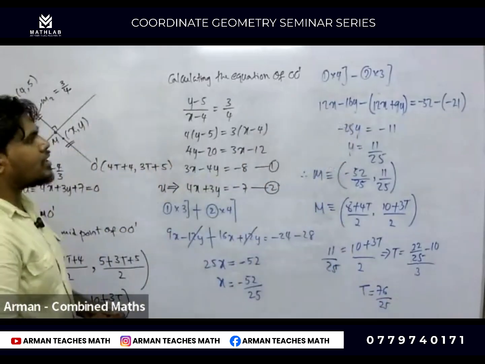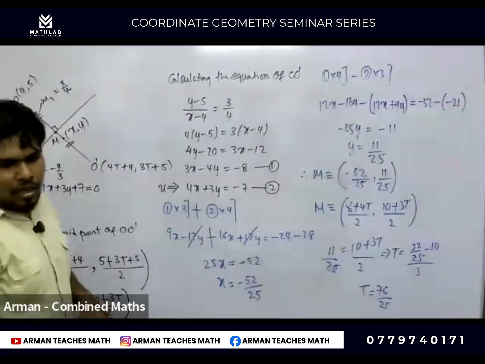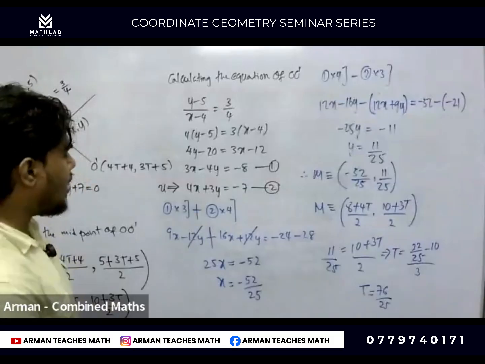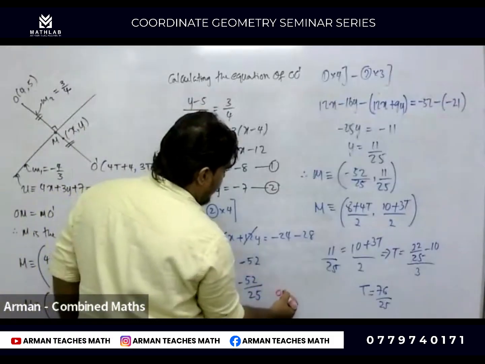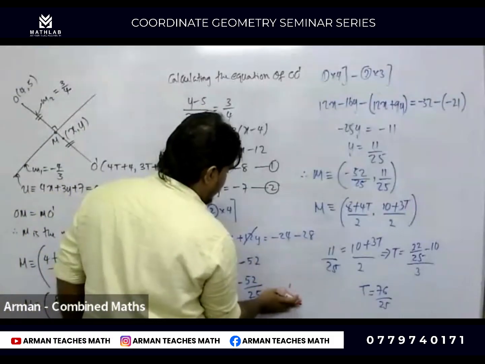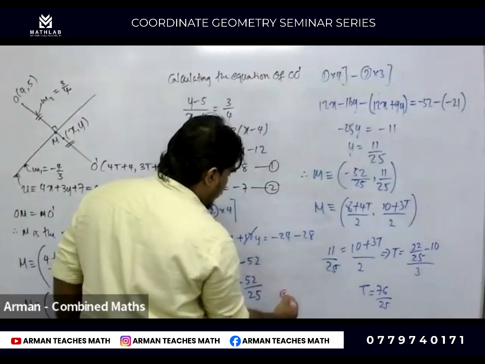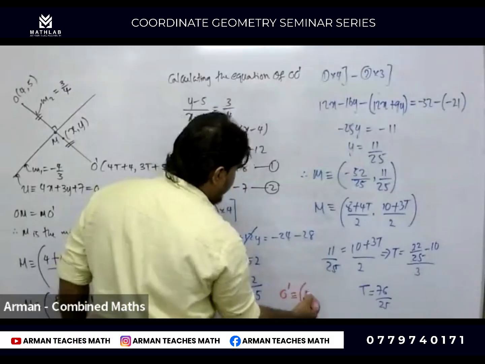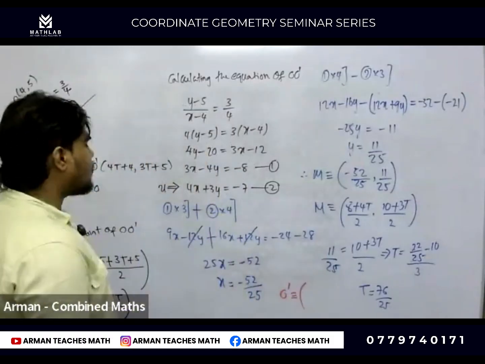This is the value corresponding to O dash. Now we can write the O dash coordinates. Therefore, sorry, O dash point coordinates are going to be 4t plus 4, no?